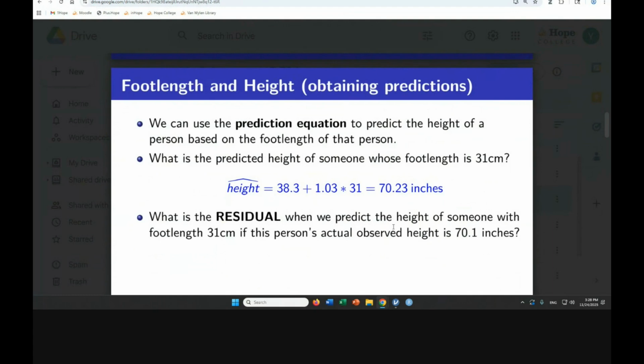That someone whose foot length is 31 centimeters is predicted to be 70 inches tall. Does that make sense to you? Yeah, it does. So the model is doing something reasonable. Always do that. And that is one classic way to check whether your units are correct. Because if you're getting something crazy like 700 inches or 7,000 inches, that means you probably have a calculator issue. All right? That's how you tell.